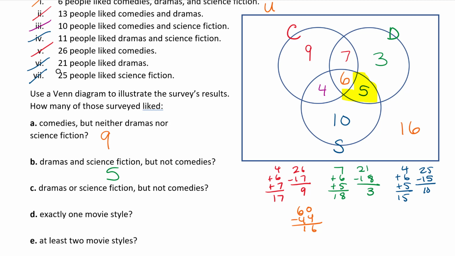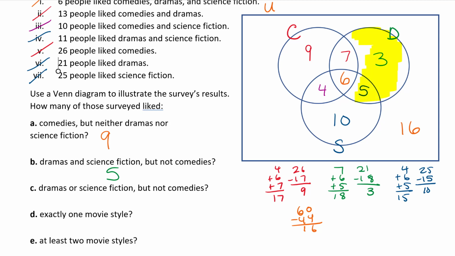All right, how many people liked dramas or science fiction, but not comedies? Okay, or. So this is, instead of and, it's or. So I need both science fiction and drama.